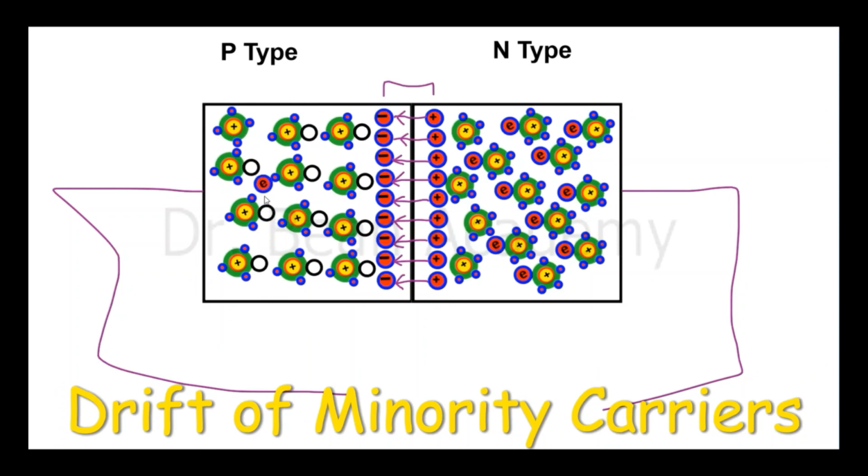So if an electron is somehow present on the p-type side and is wandering in the material, it cannot go to the barrier because there are negative charges, and these negative charges will push it back because of the repulsion. But there is a probability that it can somehow sneak through this barrier.